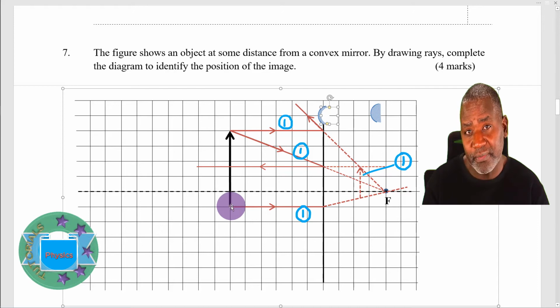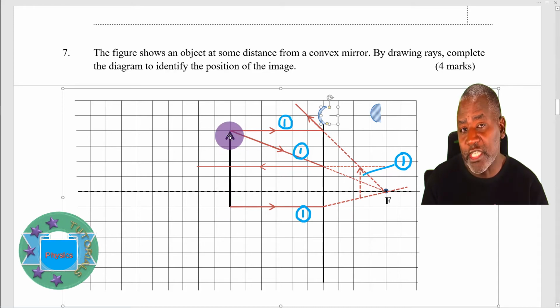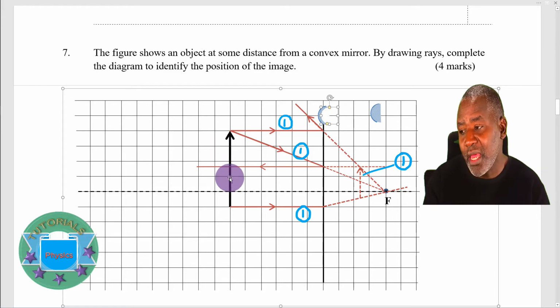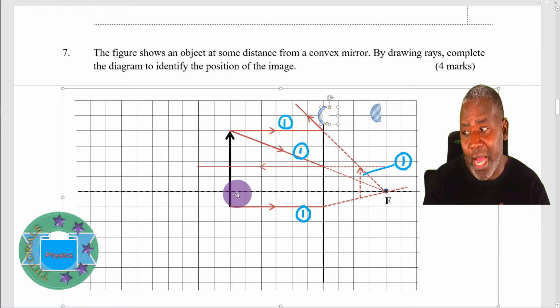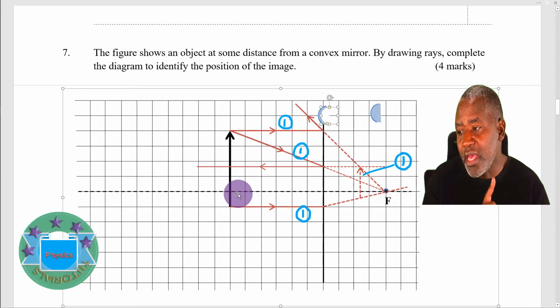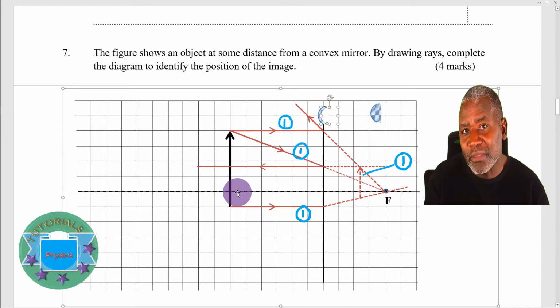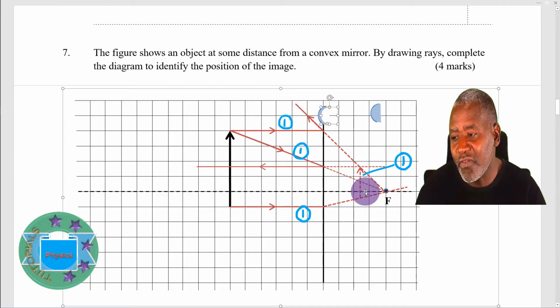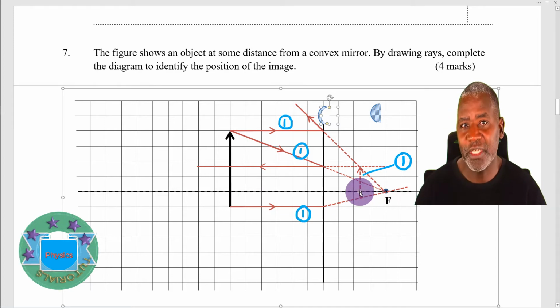This is the tail. And this is where I was talking about the orientation of the object with the principal axis. How is it oriented? If the tail of the object lies on the principal axis, then the tail of the image must also lie on the principal axis.